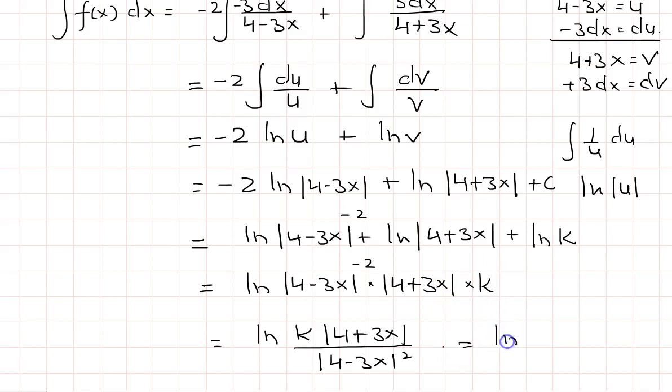So in fact it can be written as ln of k dash times 4 plus 3x over (4 minus 3x) squared. So that is the answer of the second part.